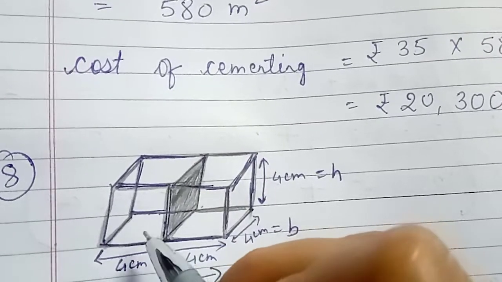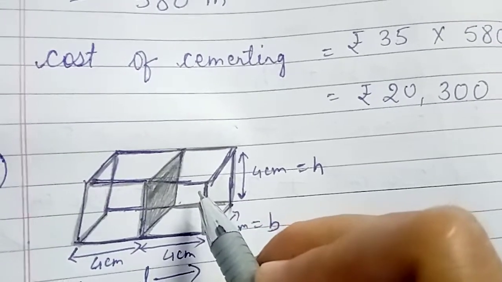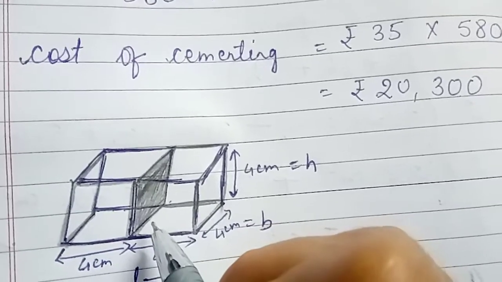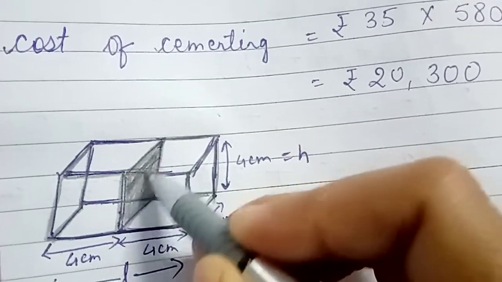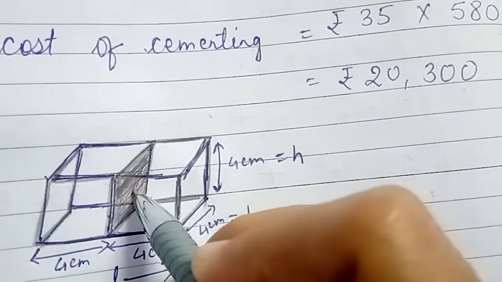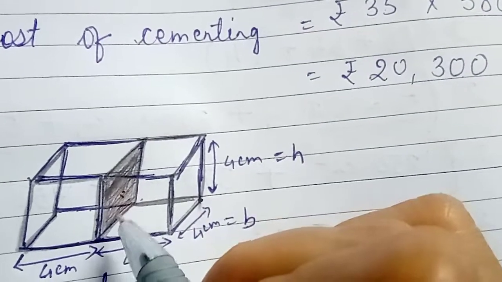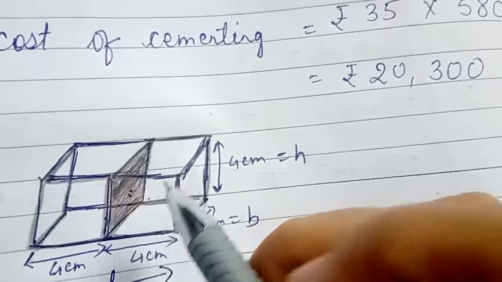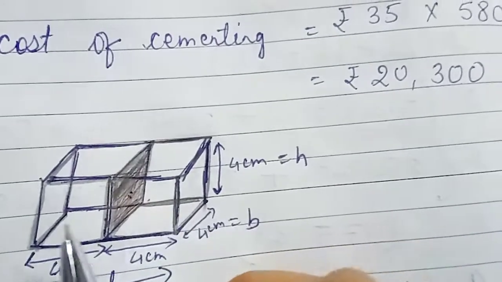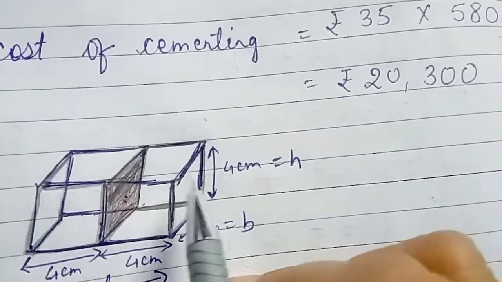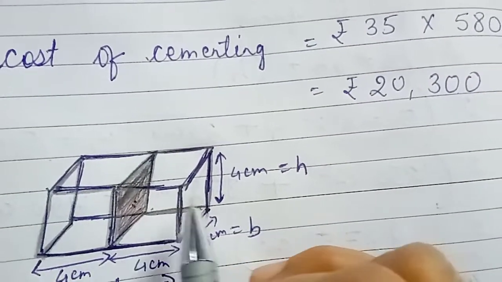It has all the sides equal, so length 4, breadth 4, height 4, and one more similar cube is there and both the cubes are fixed together. When they are fixed together, you see that this shaded face is not surface, because it has come in between them. Now this is not surface. And total on a whole, if you see, what is this? This is a cuboid. If one cube and another cube beside it are joined, what is formed? A cuboid. 2 cubes are joined together.